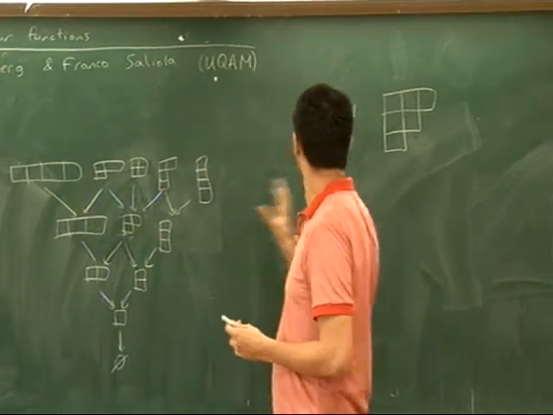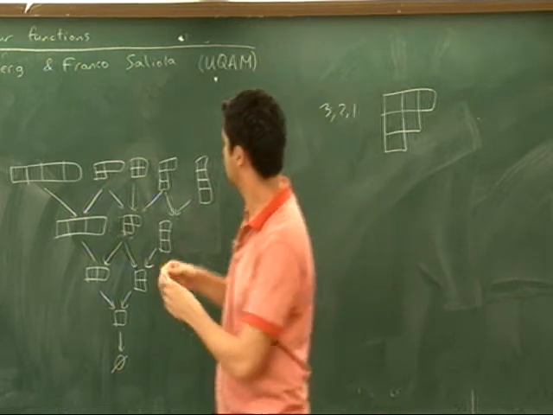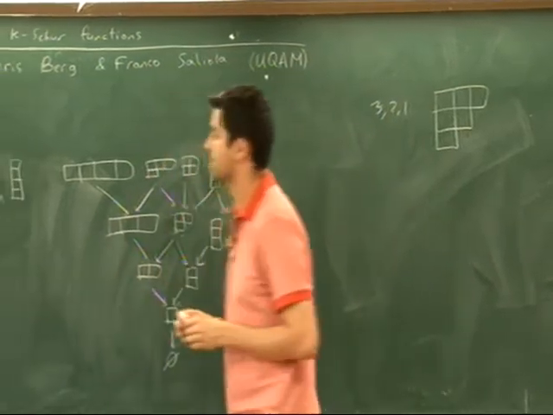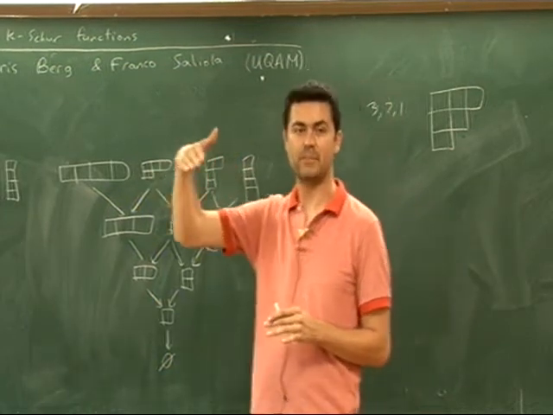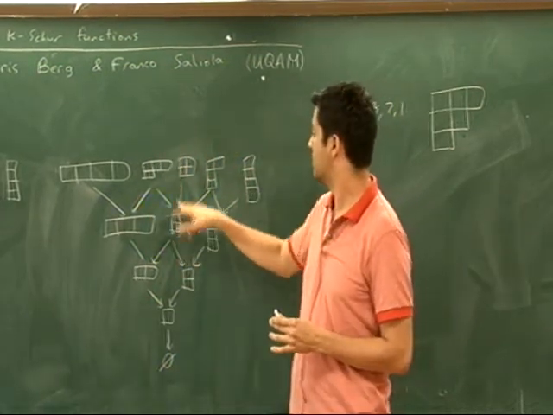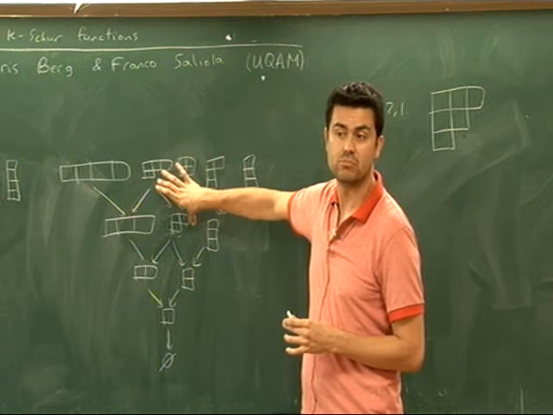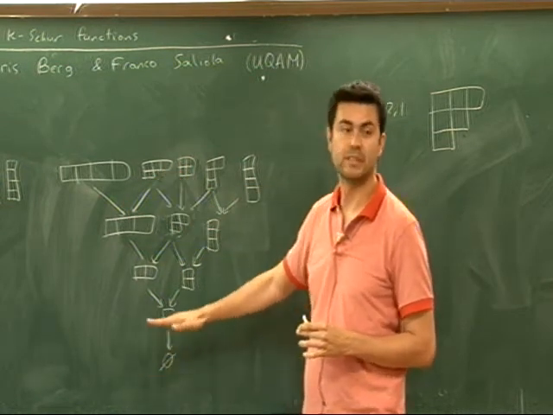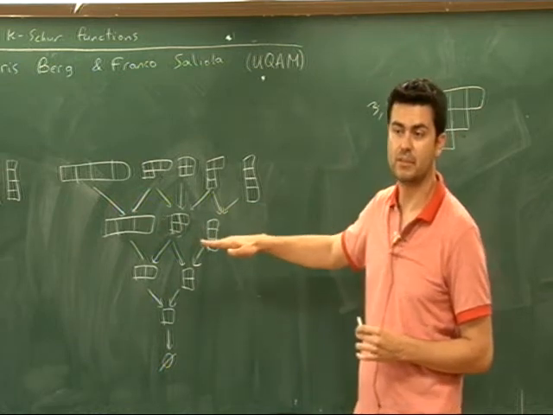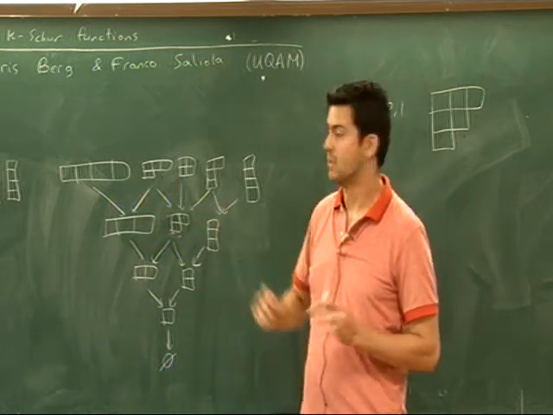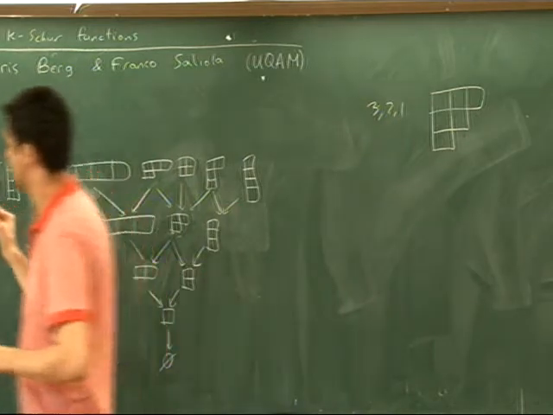So if I can fit this diagram into this one by overlapping the corners, then there's an edge between these two. And this is a graded poset because everything in each row has the same number of boxes. Okay? And so this is called the partition lattice.